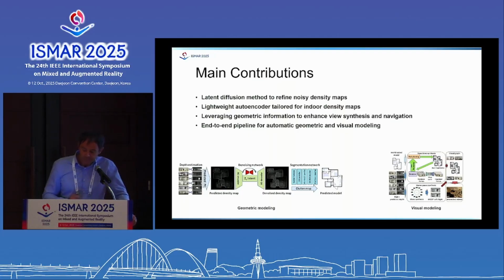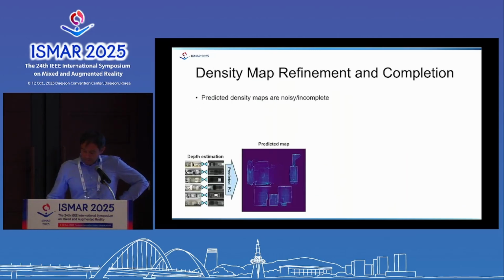Then we exploit such information to build a geometric model to support the view synthesis and the navigation. As a result, we have an end-to-end pipeline for automatic geometric and visual modeling.